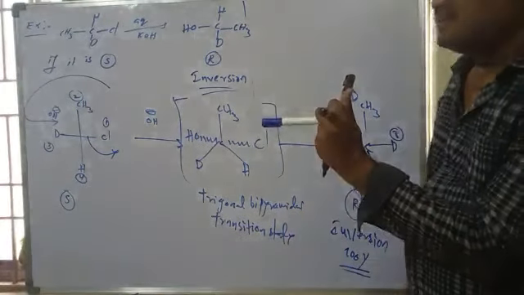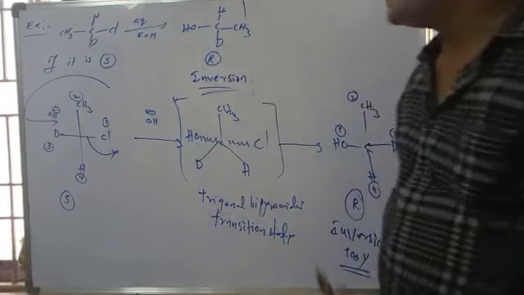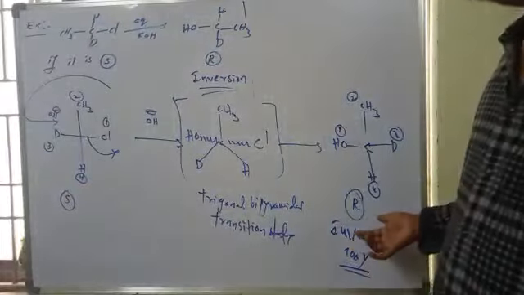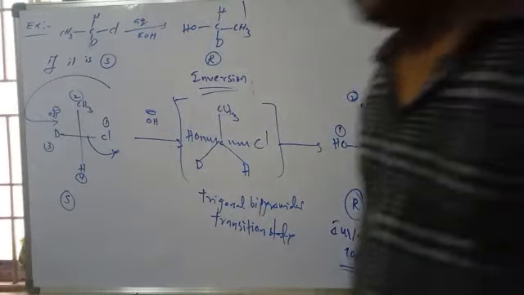So here, if you take an S configuration product, it will become R configuration. If it is R, it will become S configuration product.